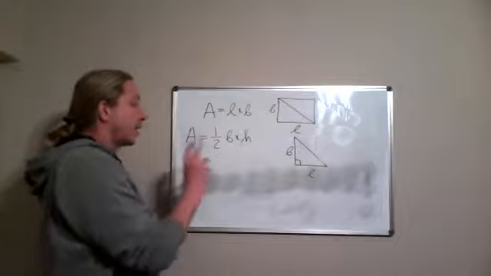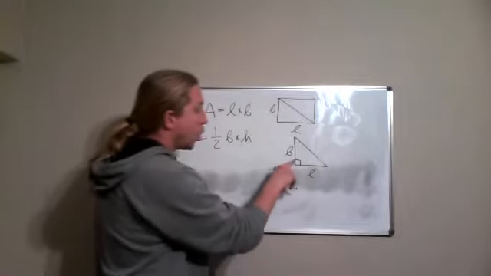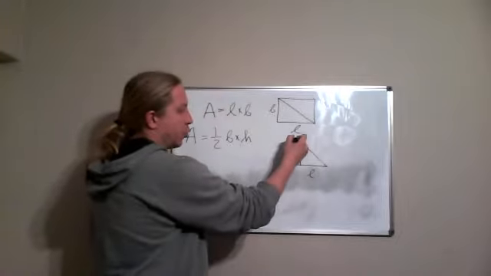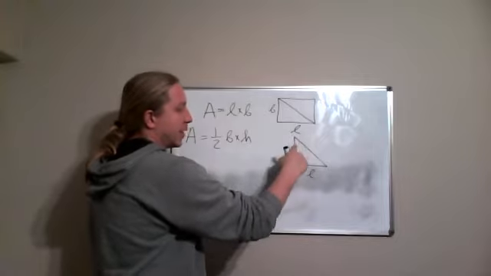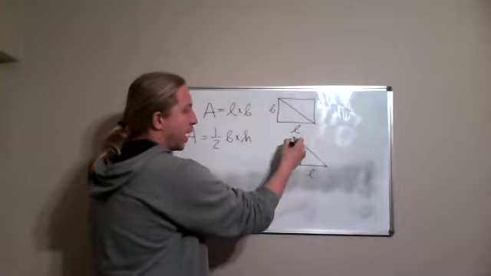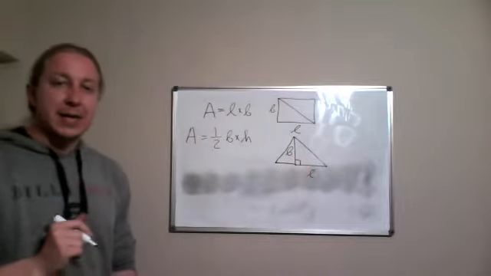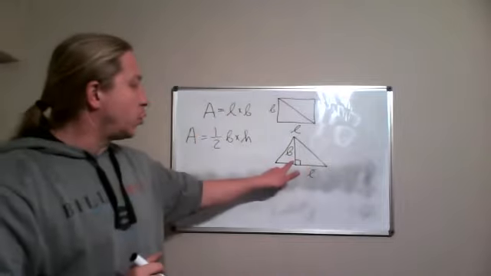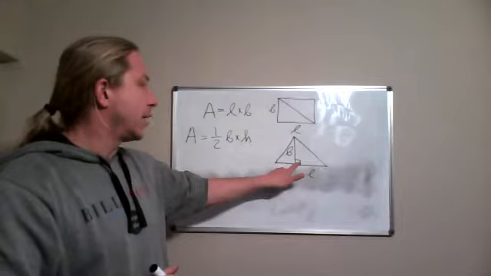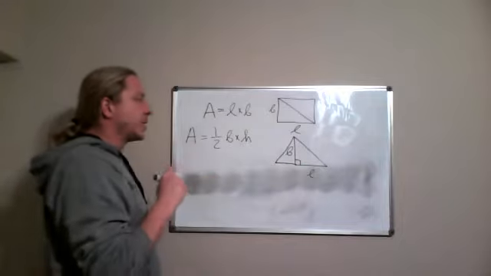Okay, now a little bit more complicated version of a triangle could be something that doesn't look just like that with a right angle, but it will have another piece over here and it will be a right angle triangle like that. So that's also a right angle and that's a right angle. So the formula is still the same.